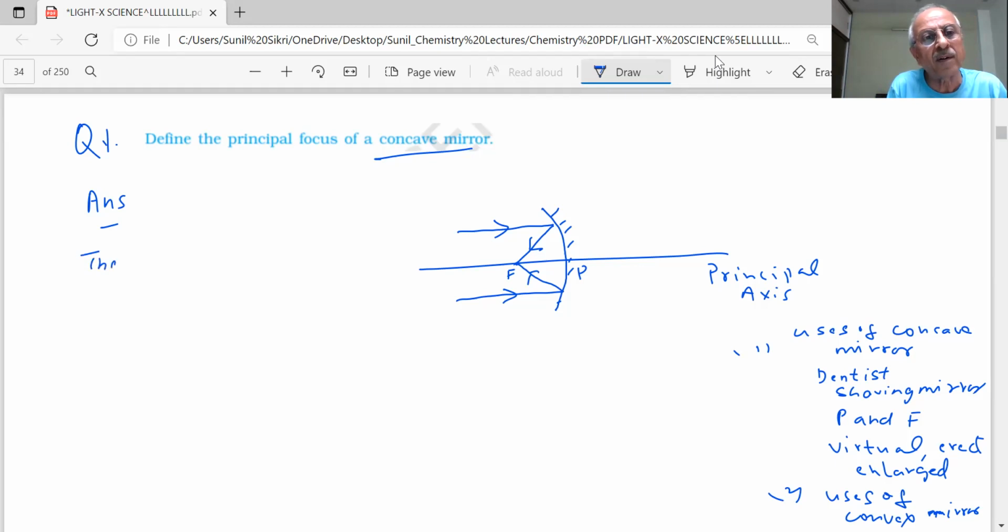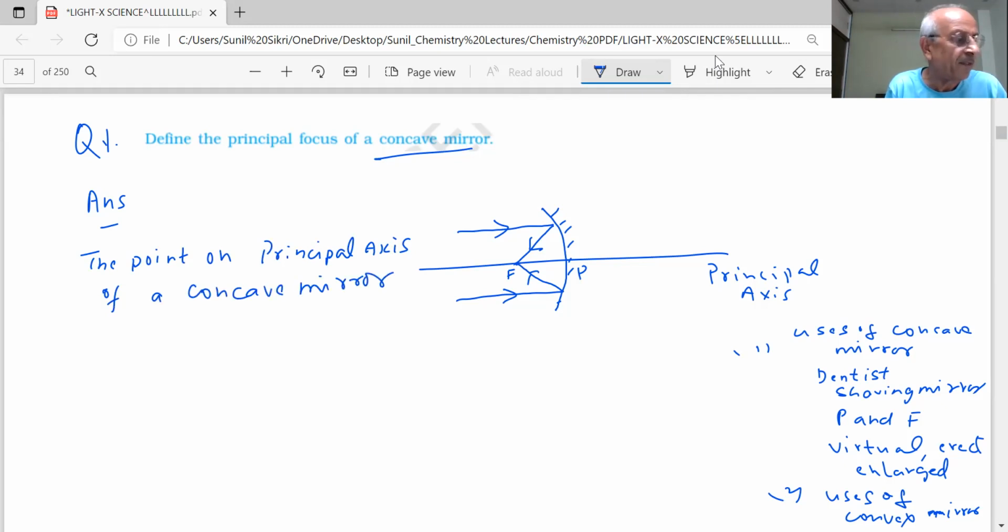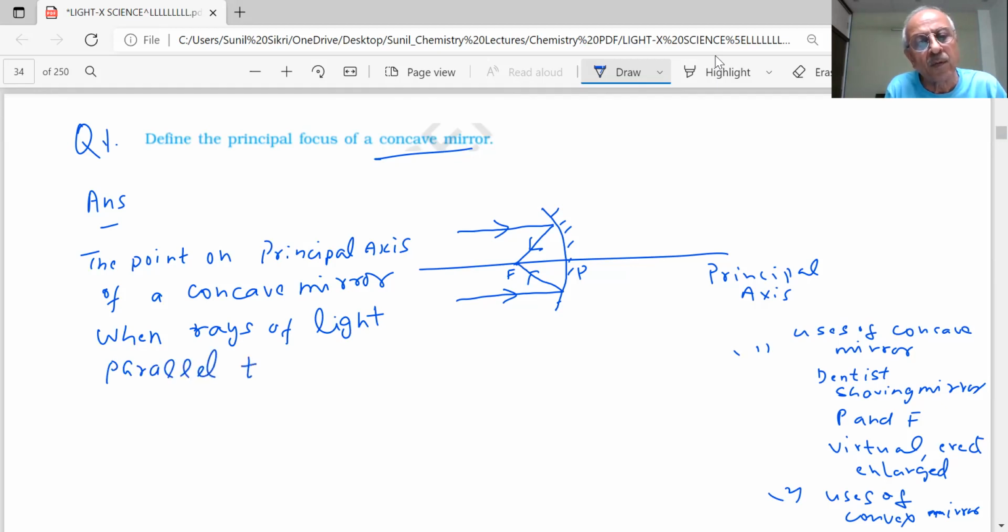So we can say: the point on the principal axis of a concave mirror where the rays of light parallel to the principal axis converge.